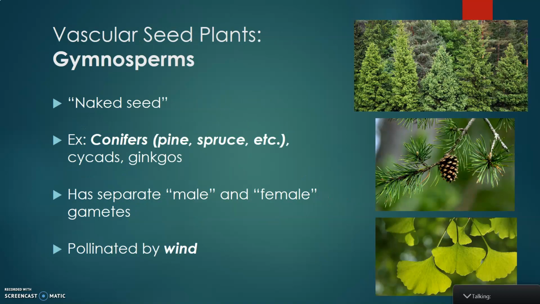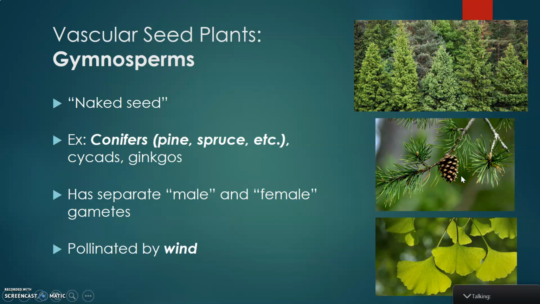And so within the category of the vascular plants are your seed plants, and they can be split into two categories: gymnosperms, or the naked seed plants, and angiosperms, which we'll talk about in a second. And so gymnosperms, as I said, means naked seed, and some gymnosperms that you might be familiar with are the conifers, like pine trees and spruce trees, things that have cones in order to spread their seeds.